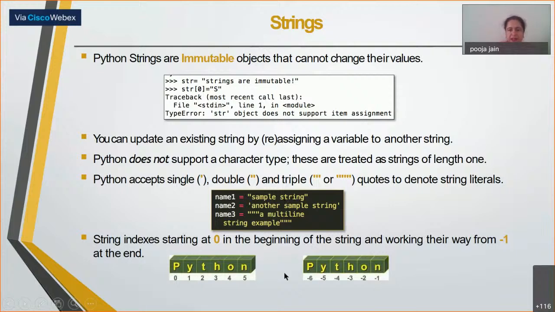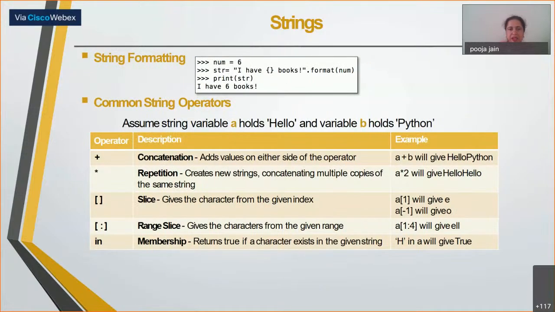And by this I can get -1, -2, -3, -4, and so on. So I can give a slice range, and I can also find whether a particular element is present in a string by using in.